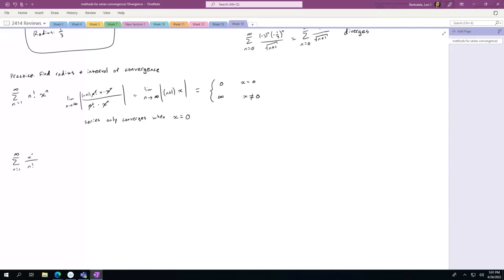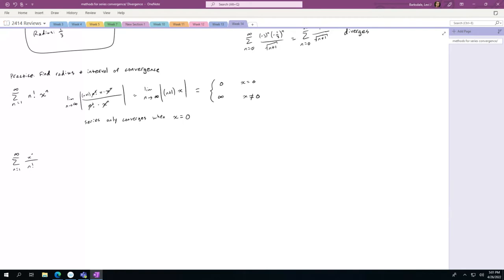Is infinity bigger than 1? Yeah. So then we'd say that it diverges. But when x is equal to 0, then we just have the limit as n goes to infinity of 0, which is still 0, right? Yeah, so that's really the idea.